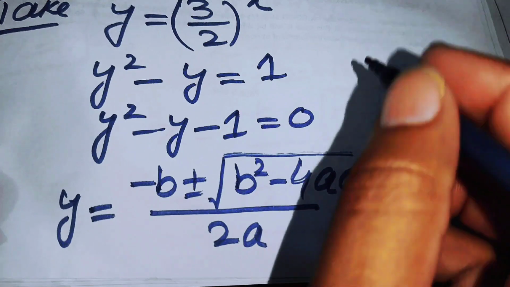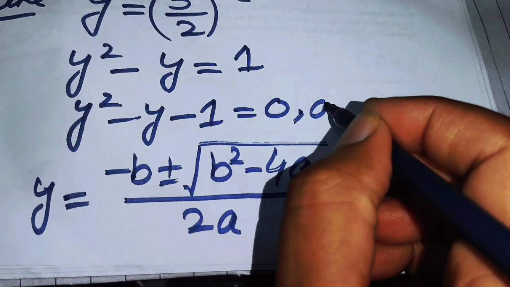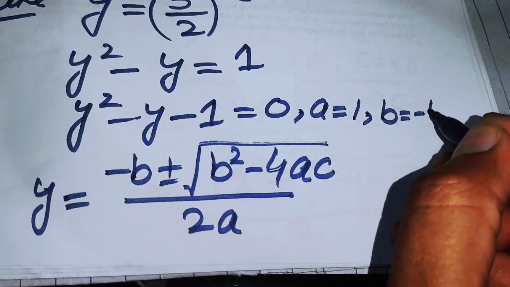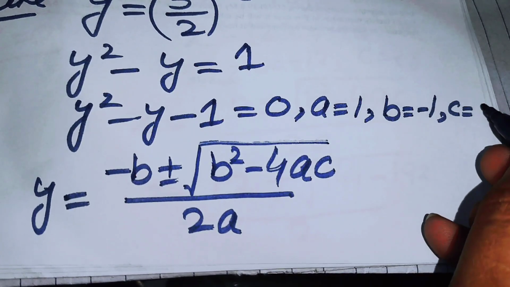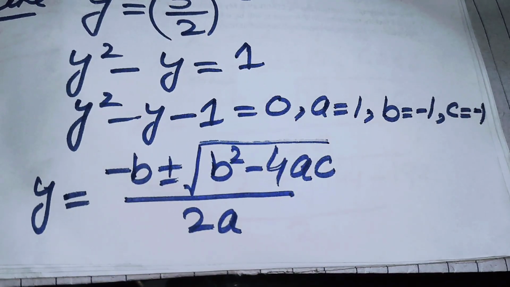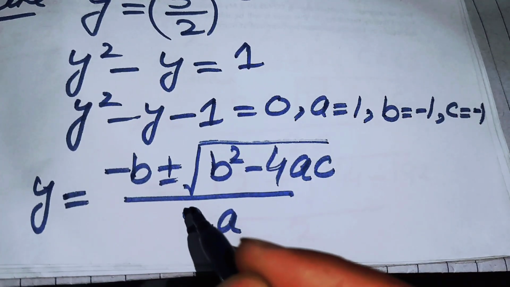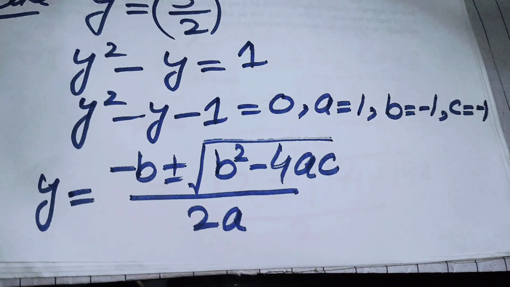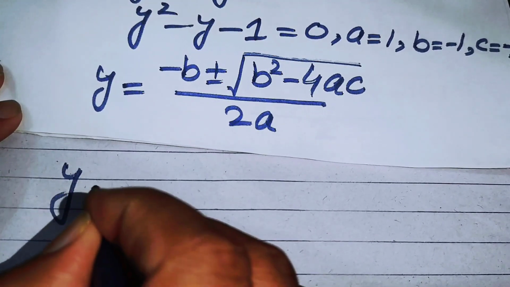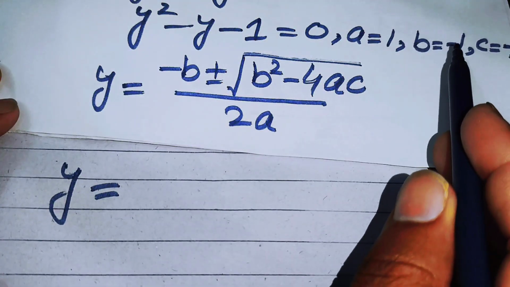And here you have the values of a is 1, b is minus 1, and c is again minus 1. So now you put all the values of a, b and c in this quadratic formula, so that it will be written as y is equal to, here you have minus b and the value of b is minus 1.